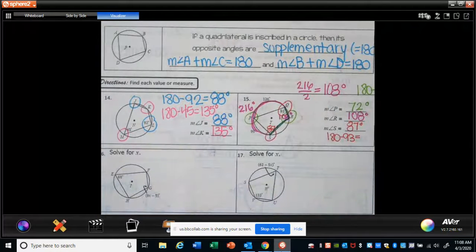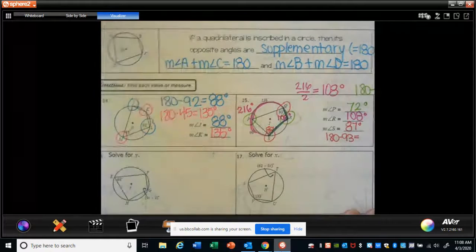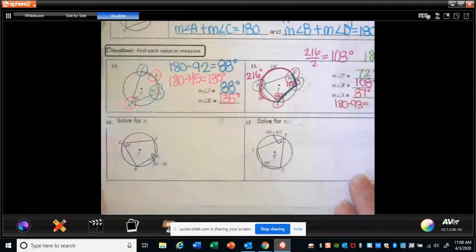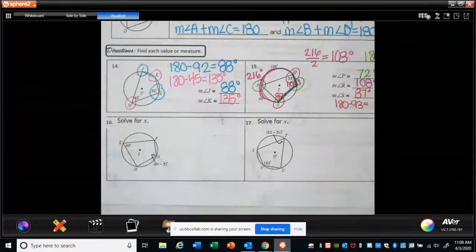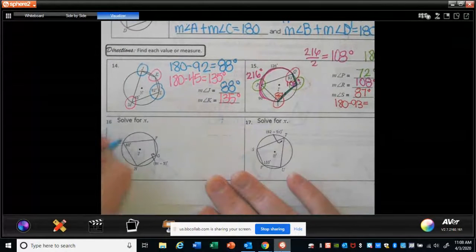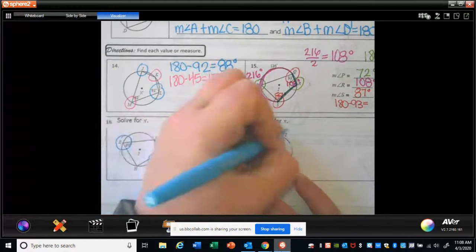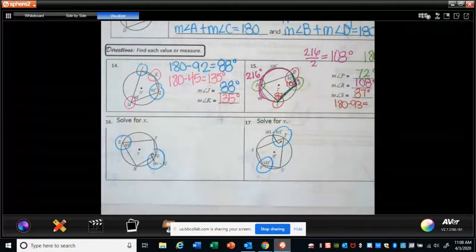All right, so moving right along, we're going to look at these last two, and these last two are similar. Both of them ask us to solve for x, and they give us an expression. And if you notice, both times, those are opposite angles. So I know opposite angles are supplementary for both of these.